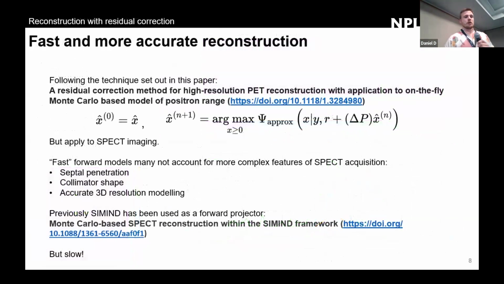The reason I wanted to do this connection was to do reconstructions with a SIMIND Monte Carlo within a SIRF reconstruction program. So I've been using this residual correction method, which was originally created in 2010 to account for positron range in PET.